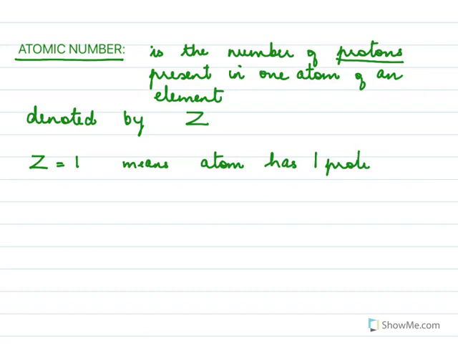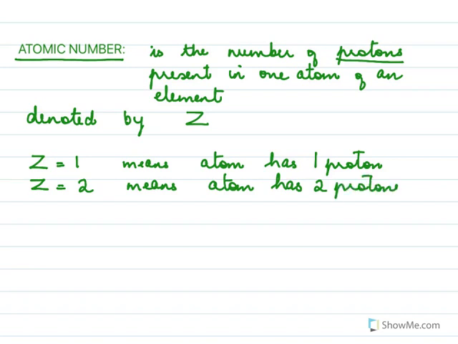And you know where is the proton present? In the nucleus. If I say Z equal to 2, means atom has 2 protons. And so on. Suppose I say Z equal to 12, means atom has 12 protons.